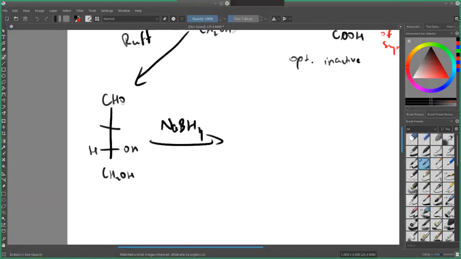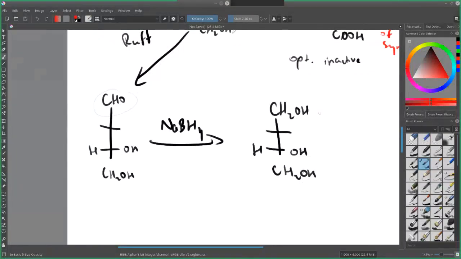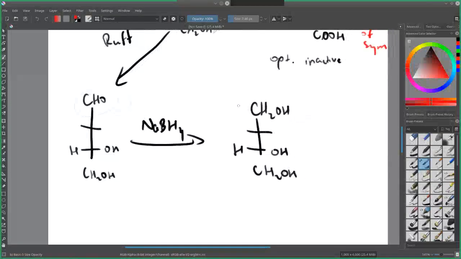This is old news. We take the aldehyde, we turn it into an alcohol. Okay? And something up here. All right, and what do we do now? You also put an OH group on the second carbon towards the right.